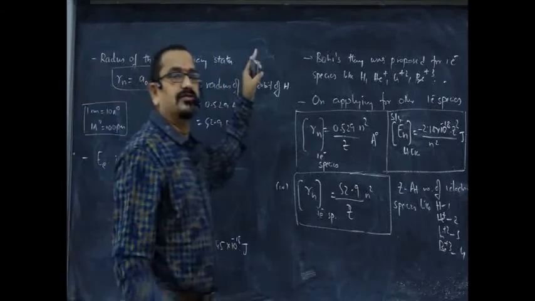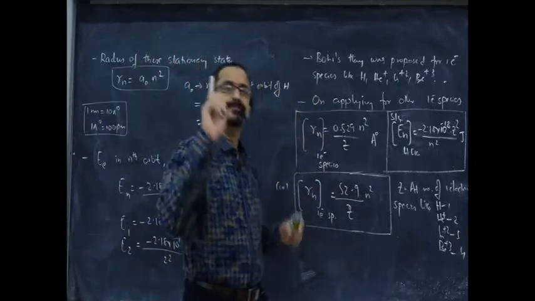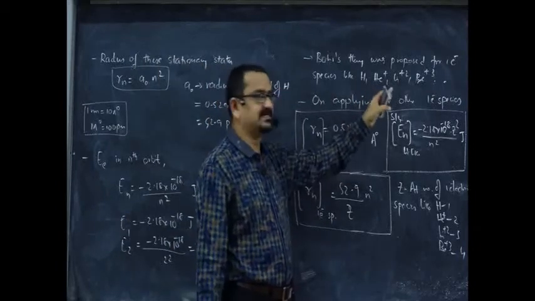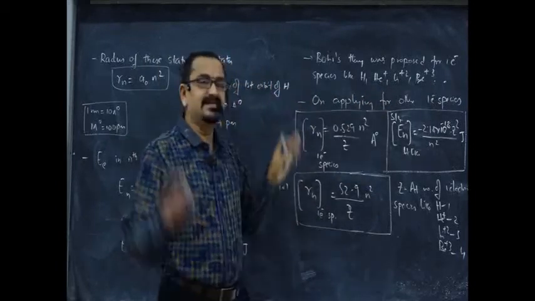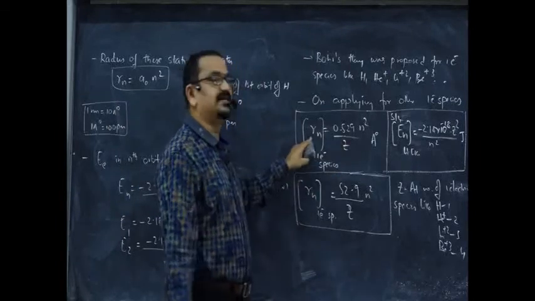When it comes to other single electron species, as Bohr's theory was proposed only for single electron species like hydrogen, helium plus, Li2 plus and Be3 plus, on applying the same relations, general expressions were given.